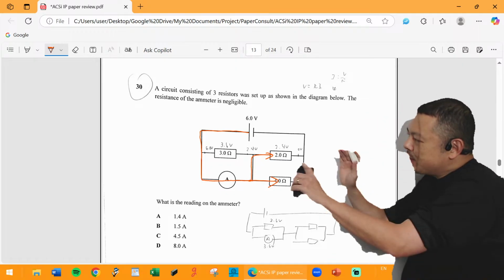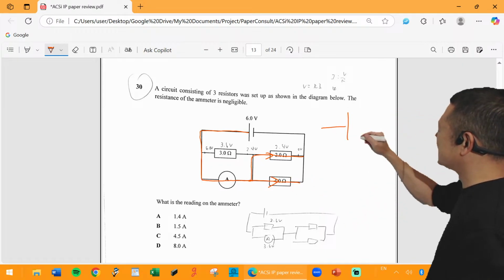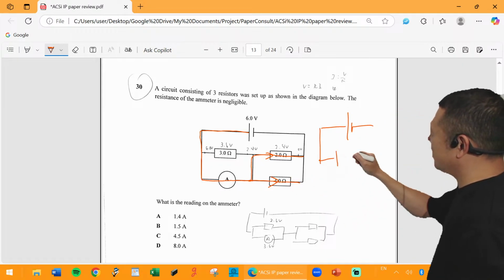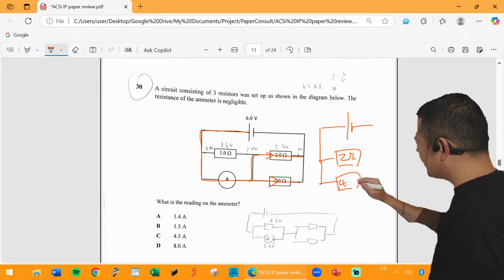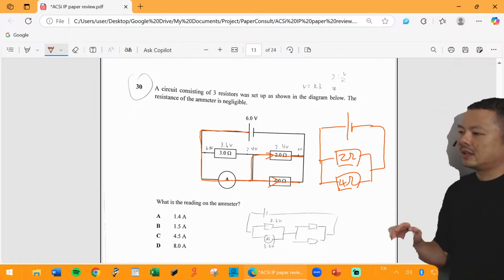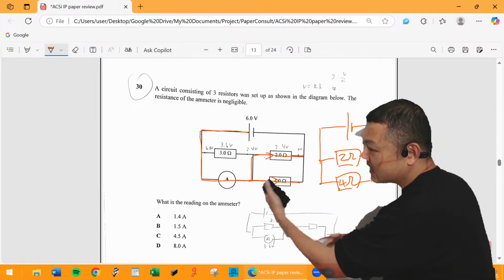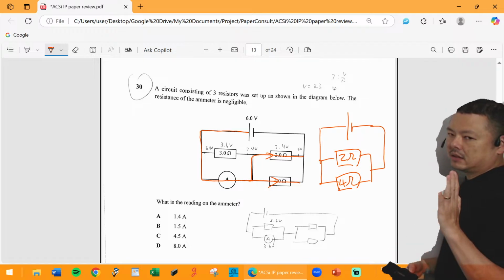So the 3 ohm is not part of the resistance. That means you only got a 6-volt battery with a 2 ohm and a 4 ohm resistor in parallel. There is no 3 ohms. Never trace current, that's why you got this wrong. Okay?